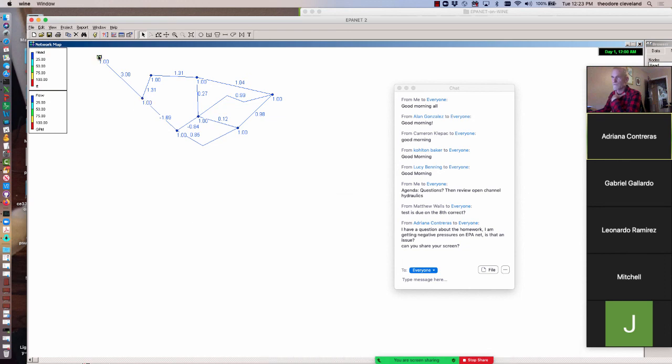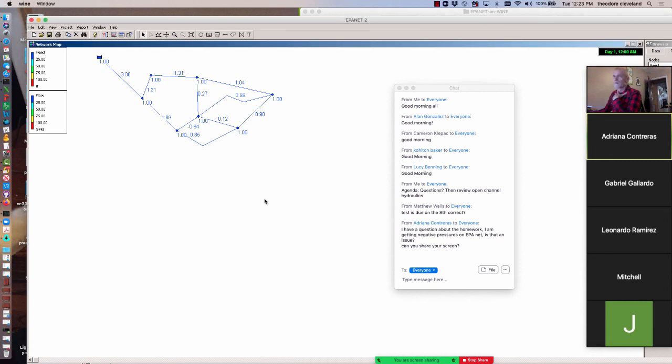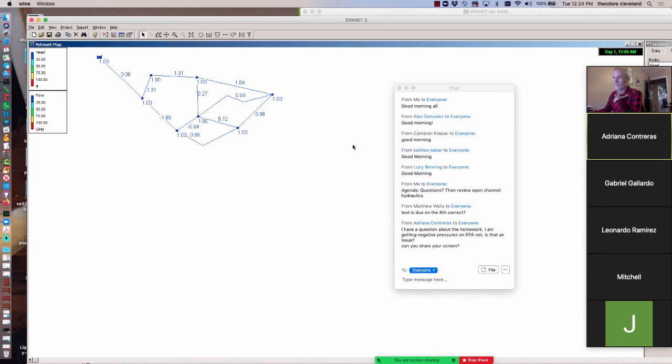Okay, so I built this network. Let me go ahead and get the error back. Each of these nodes has elevation 0, and let me just go ahead and put some demand in them. Okay, so that's pretty easy to fix.